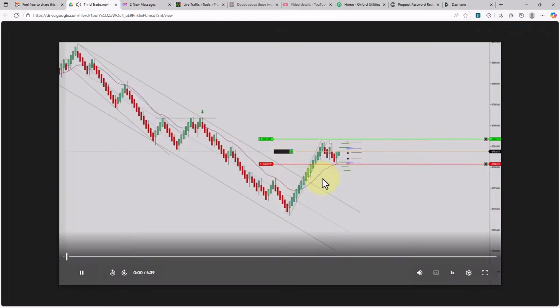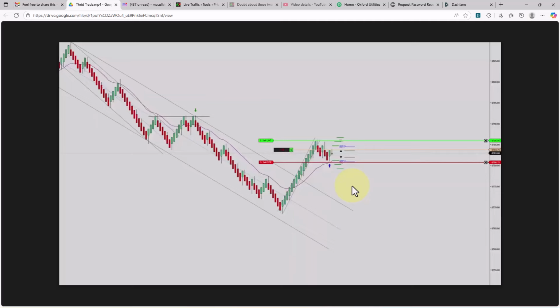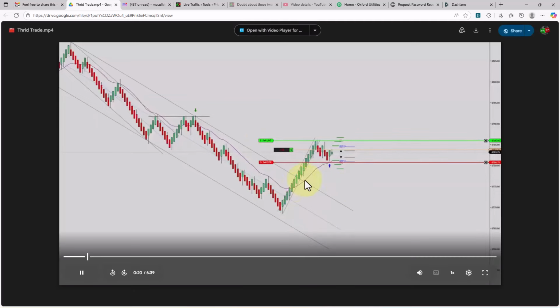It looks like he went long, maybe on 1 tick above that bar. I can't tell if he waited till this one closed or not, to be honest, but it doesn't really matter. You see he's taking a second entry long. You got the channel working up here, close outside, and a first entry, and he just took the second entry.